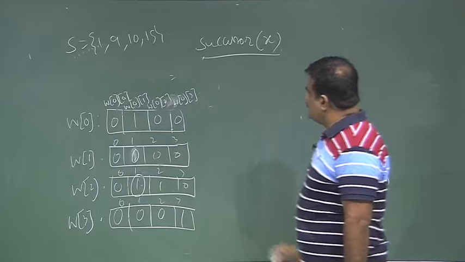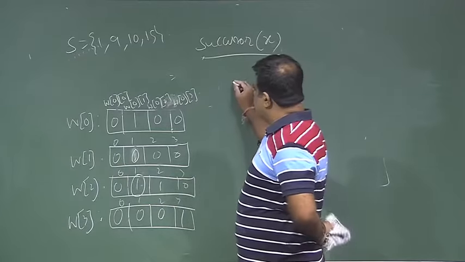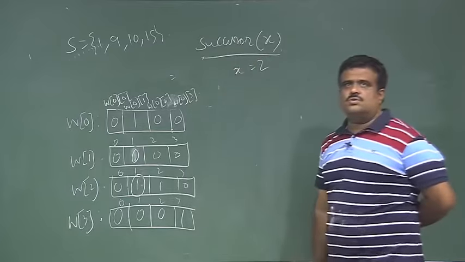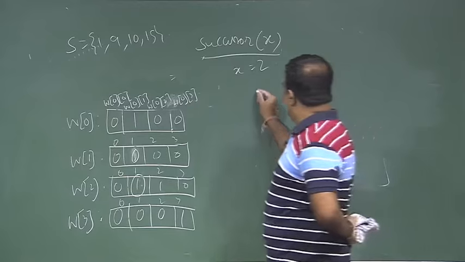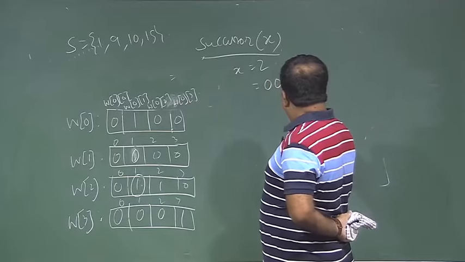Suppose we want to find the successor of, say, 2. What to do? Suppose x equal to 2. We want to find the successor of 2. So, what we do? We convert 2 into high of x and low of x. So, 0 0, 1 0.